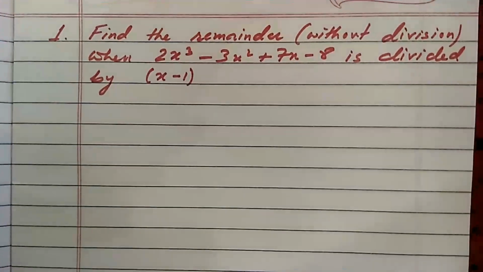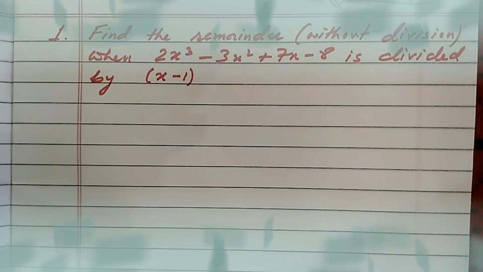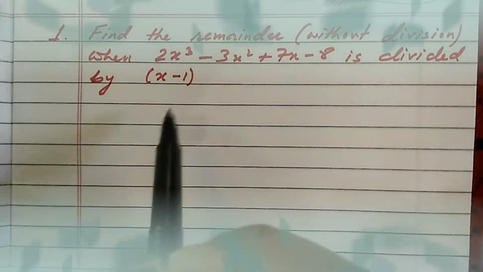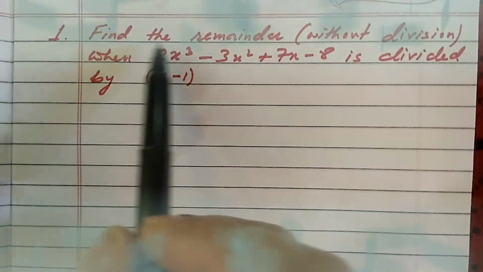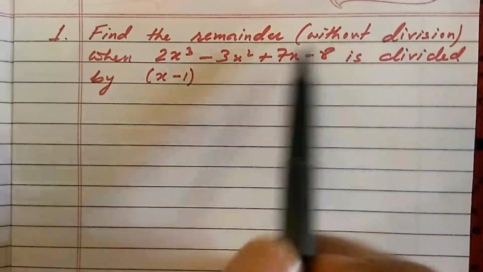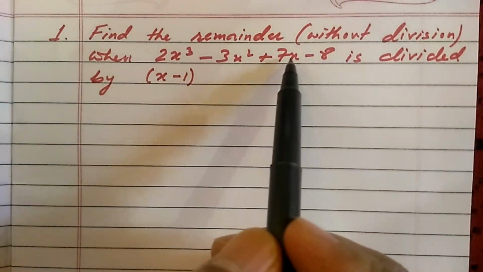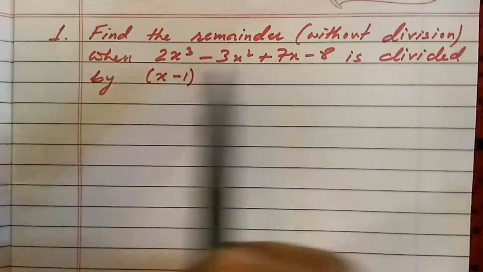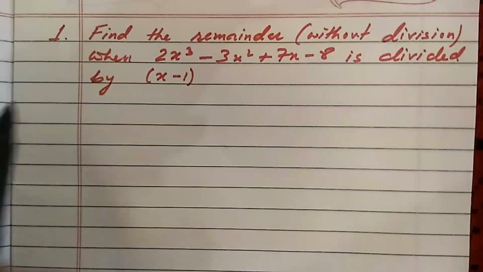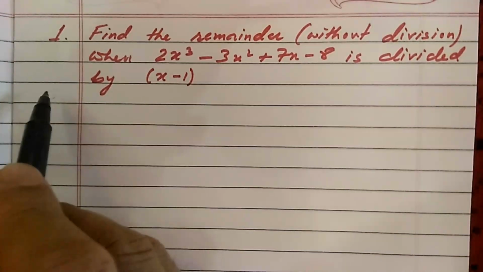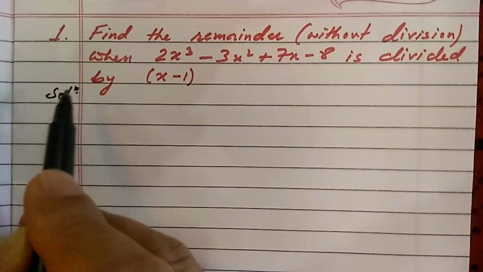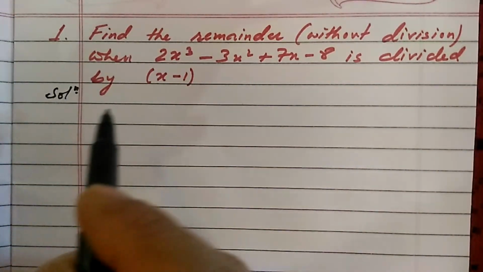Now let us try and understand the remainder theorem further by looking at some examples. I've taken one question. It says, find the remainder without division when 2x cubed minus 3x squared plus 7x minus 8 is divided by x minus 1. So let us solve this one using the remainder theorem.